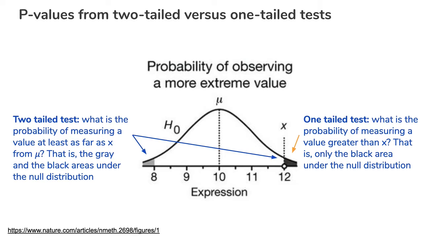Really, everything we're doing, and this is true of most, if not all, statistical tests, you're trying to evaluate whether or not your observation and the uncertainty about that observation is improbable given the null distribution.